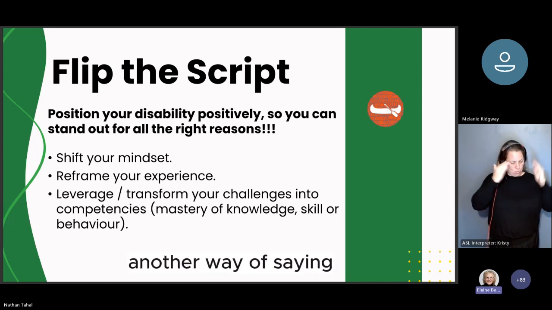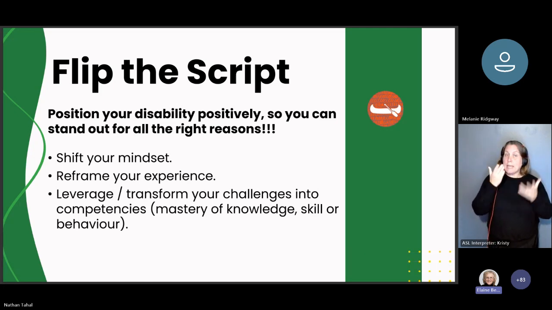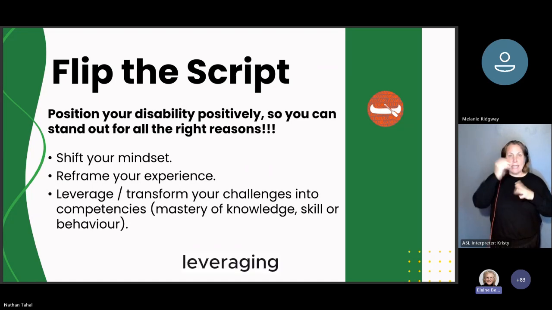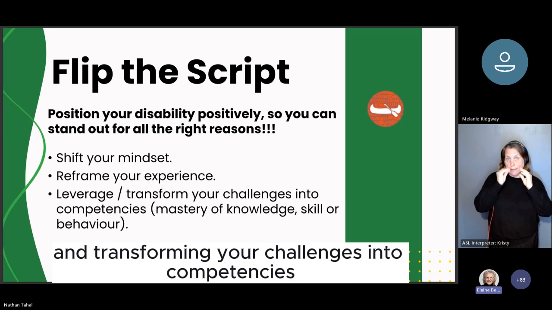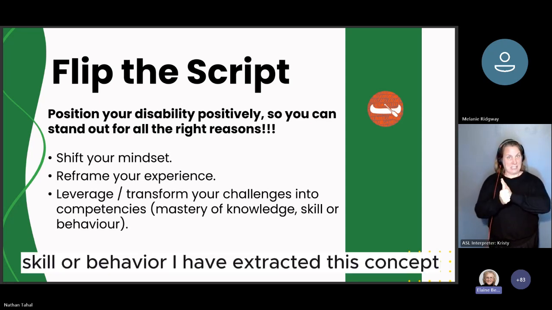Another way of saying flipping the script could be shifting your mindset, reframing your experience, leveraging and transforming your challenges into competencies. I define a competency as a mastery of knowledge, skill, or behavior.